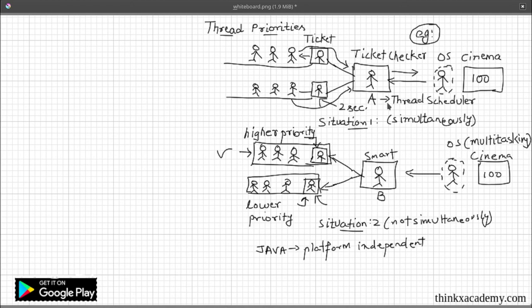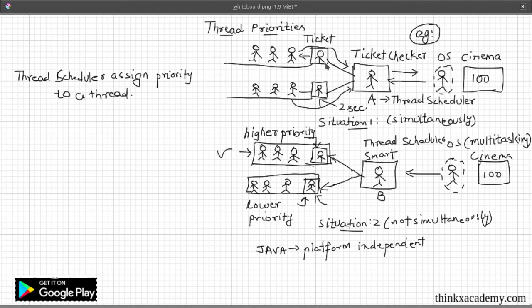So now these persons are actually thread schedulers. B is also a thread scheduler. So let's understand what a thread scheduler is. A thread scheduler assigns priority to a thread.